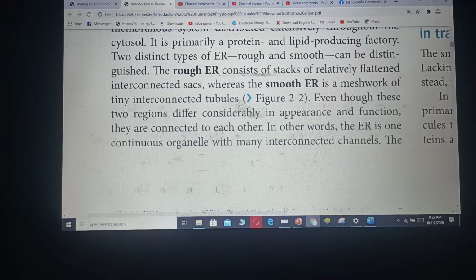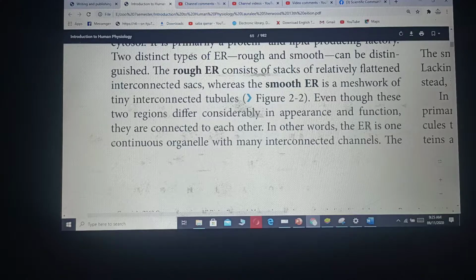So the ratio of rough endoplasmic reticulum to smooth endoplasmic reticulum all depends upon the function of a specific cell where they are present.